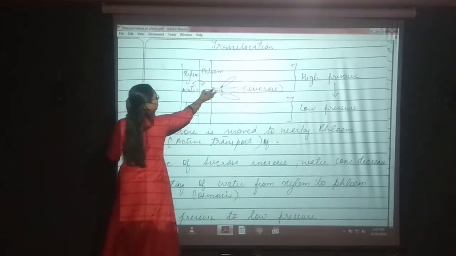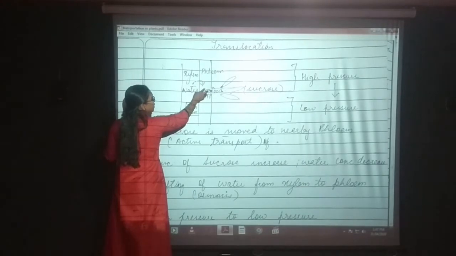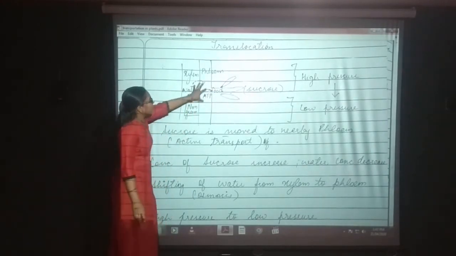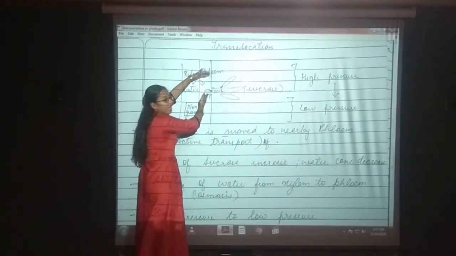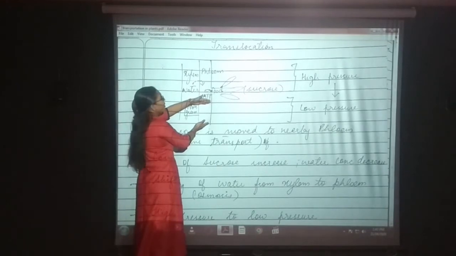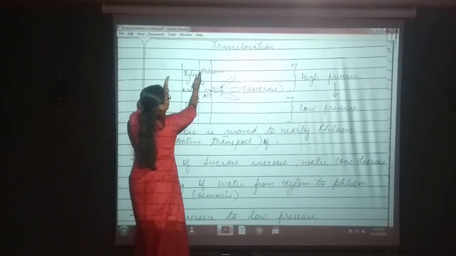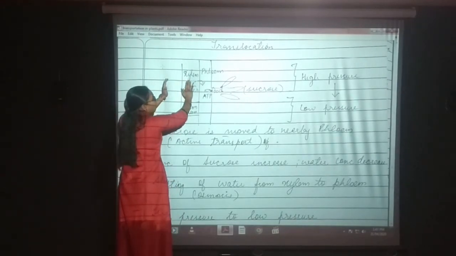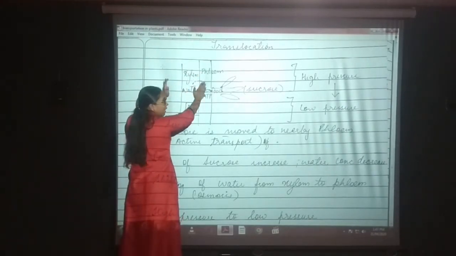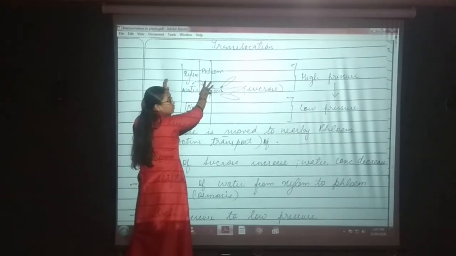Now what happens when it is transporting it? When it comes to this region, the concentration of sucrose will be higher here, and the concentration of sucrose will be low over here. Now what happens at the same time? Xylem is also present, phloem is present. Here water is present, so what happens? The water will move towards the high concentration region, that is, with the help of the sucrose.